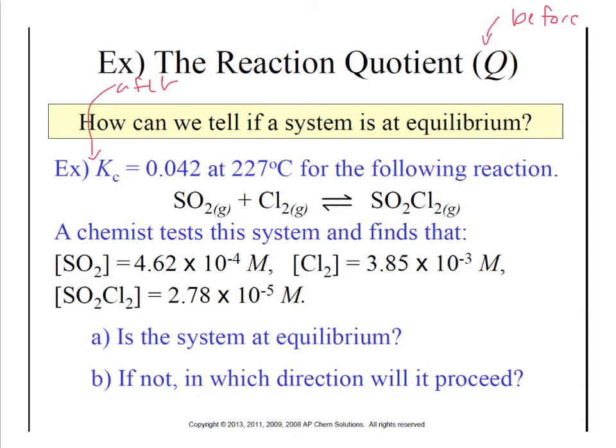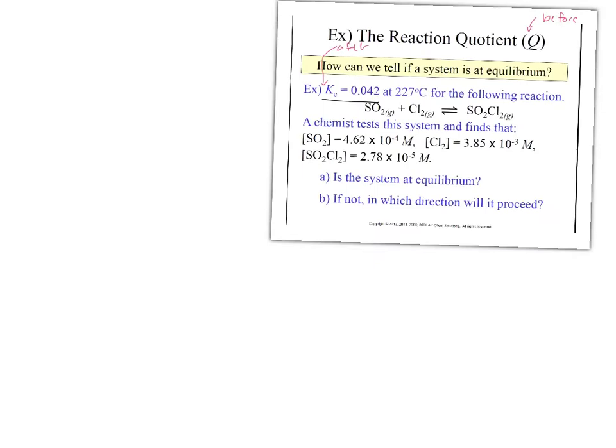As an example, we see that the Kc for this particular reaction is 0.042. So the equilibrium constant is that value at this temperature. A scientist looking at the system finds these concentrations at this current time. To calculate the Q, it looks identical to calculating the equilibrium constant.